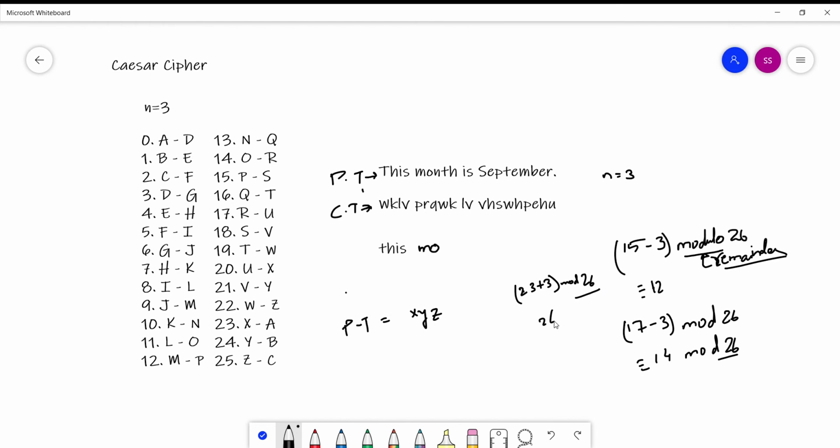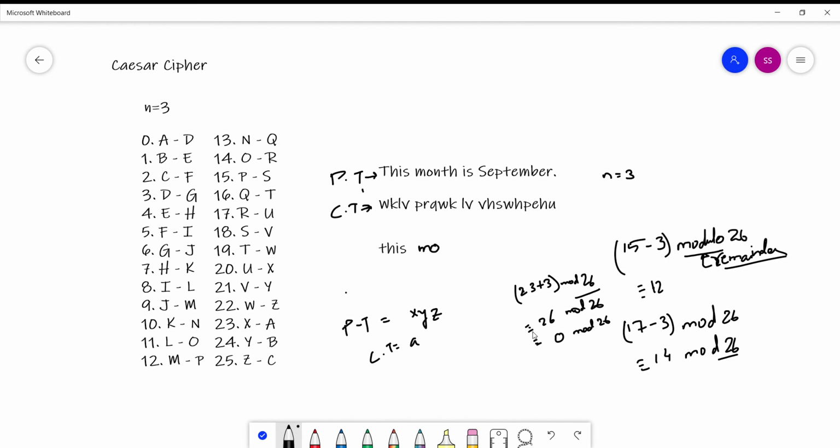So it will become 26 mod 26, right? 26 mod 26 is nothing but 0 mod 26, because if you divide 26 by 26, the quotient is 1 but the remainder is 0. So we got a value 0 which is equal to A, right? A is equal to 0. So X will be converted to A, right? This is my ciphertext.